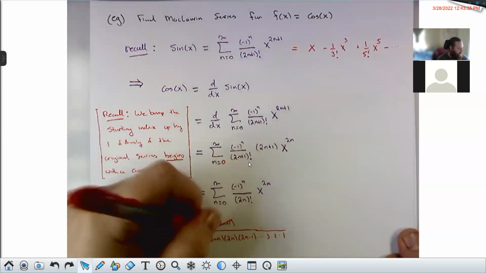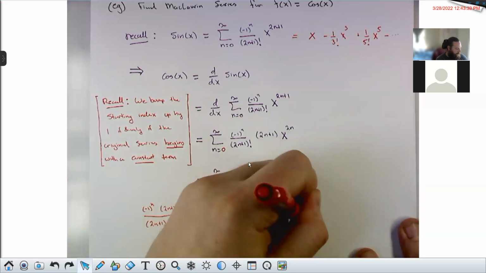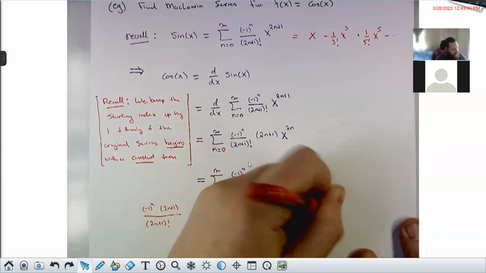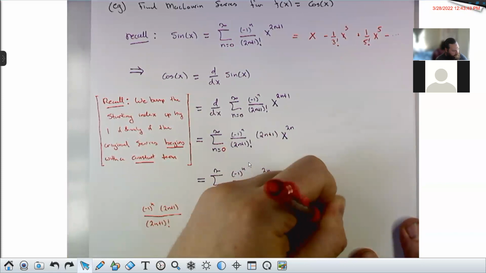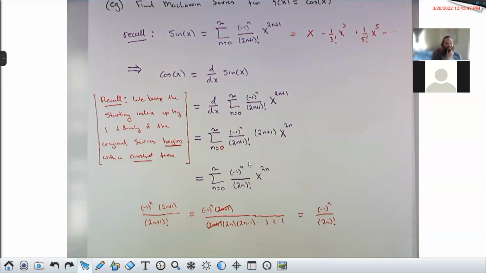And you can cancel just the first part here. And that is negative 1 to the n over 2n factorial. So that's the whole series.